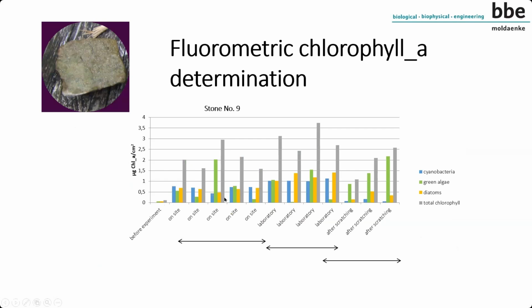When we bring this to the laboratory, scrape it, distribute it, and measure it also in our fluorometers, we see that we have quite different values here. It reflects that it's not always the same. That is now resuspended matter, but what you can see is that it is not the same. That means we need a lot of samples to get a comparable result.